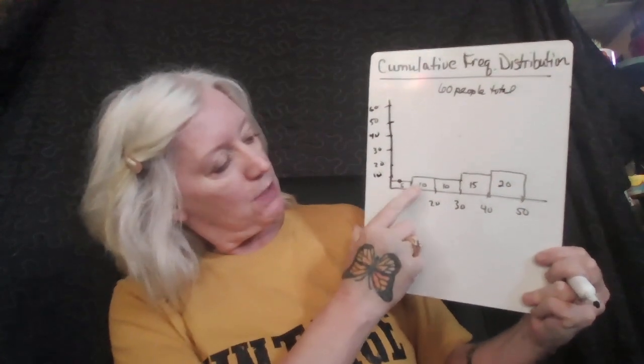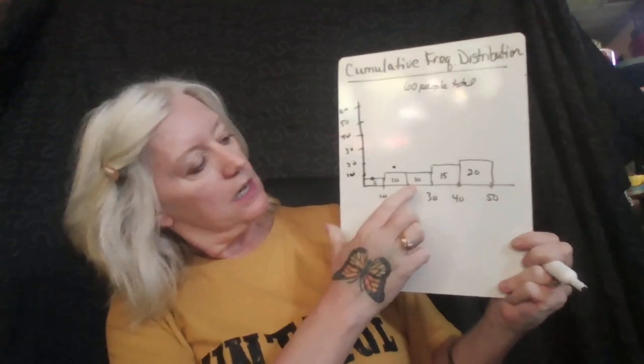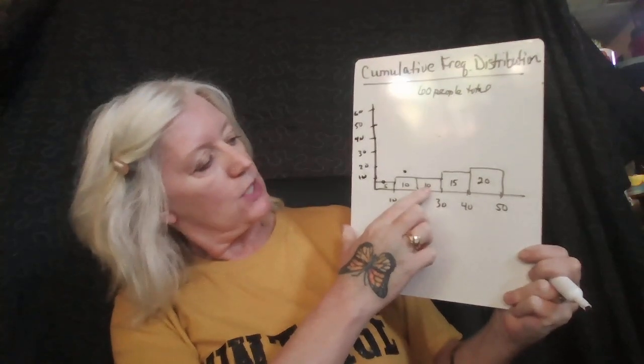So if this was 5, I'm going to put these actual counts in here so we know what to be adding. So now if there were 5 here plus 10 is 15, now this dot is going to go at 15. And then the next one adds on 10 more, which is now at 25. So now this dot's going to go at 25.